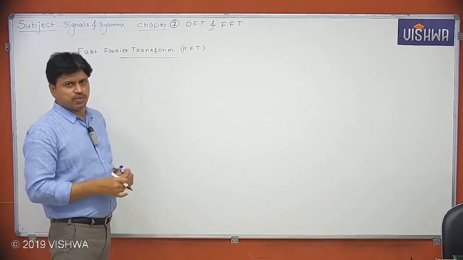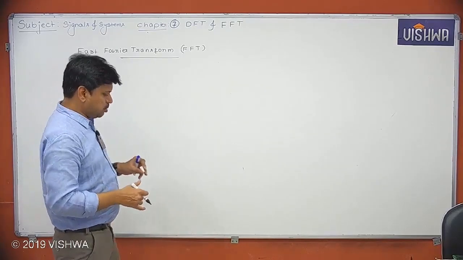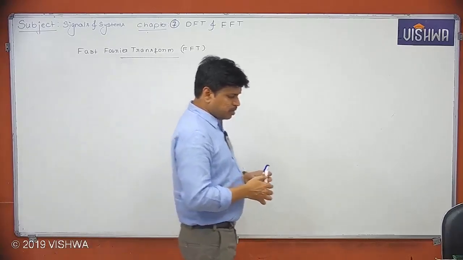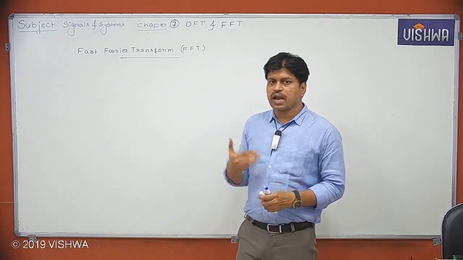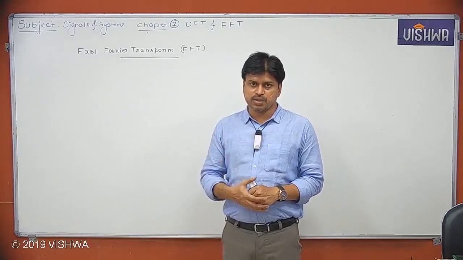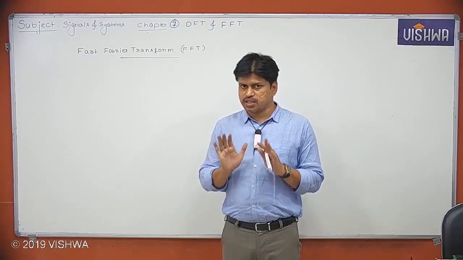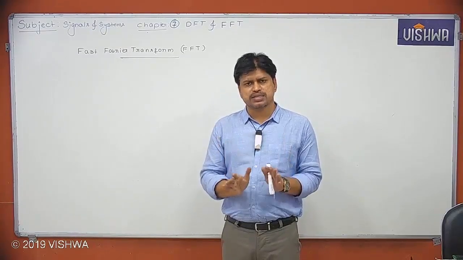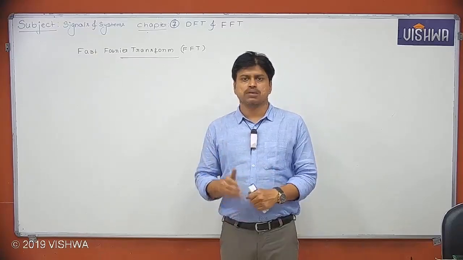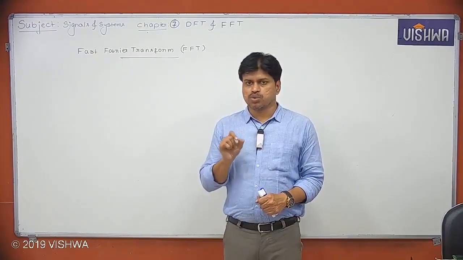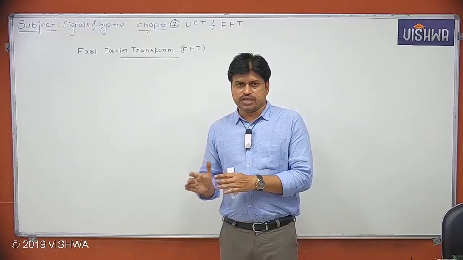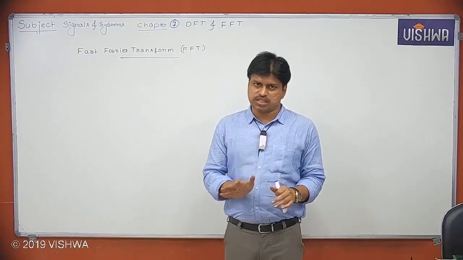It is a DFT only. But then why is it called FFT? Because it is an algorithm, a method to solve DFT. So it is not a new transform. It is exactly the same as DFT, but it is an algorithm to solve DFT in a faster manner. That's the only thing we need to understand.